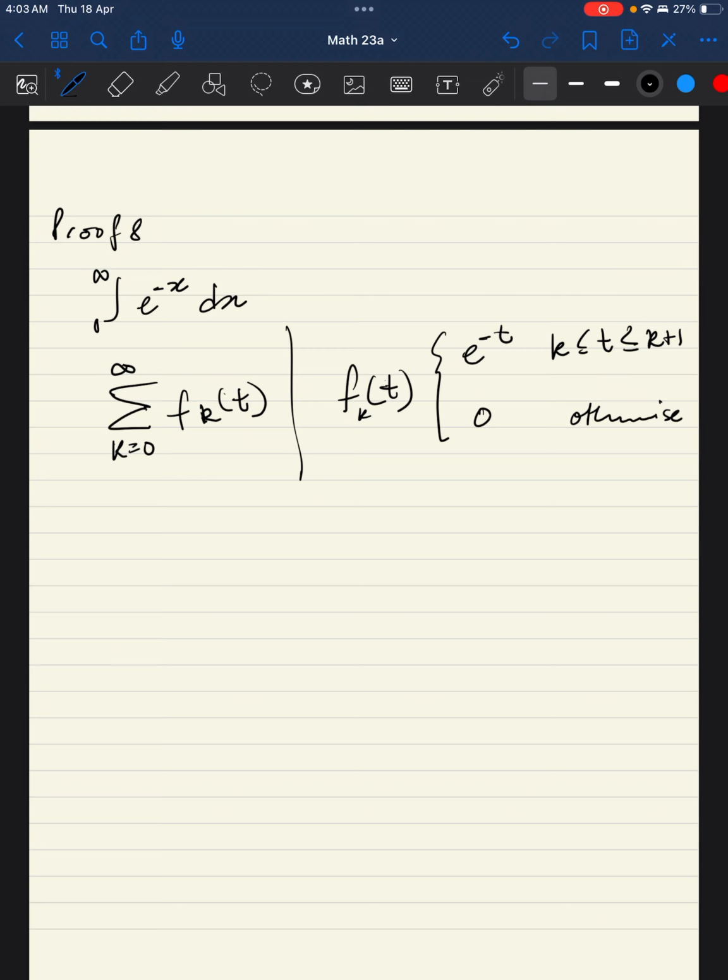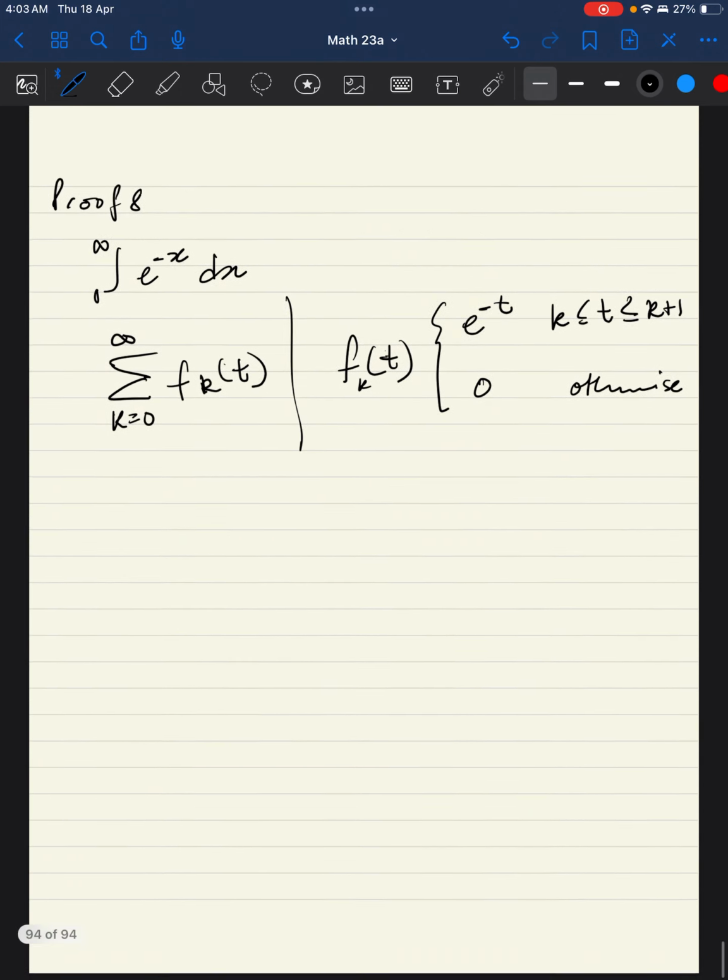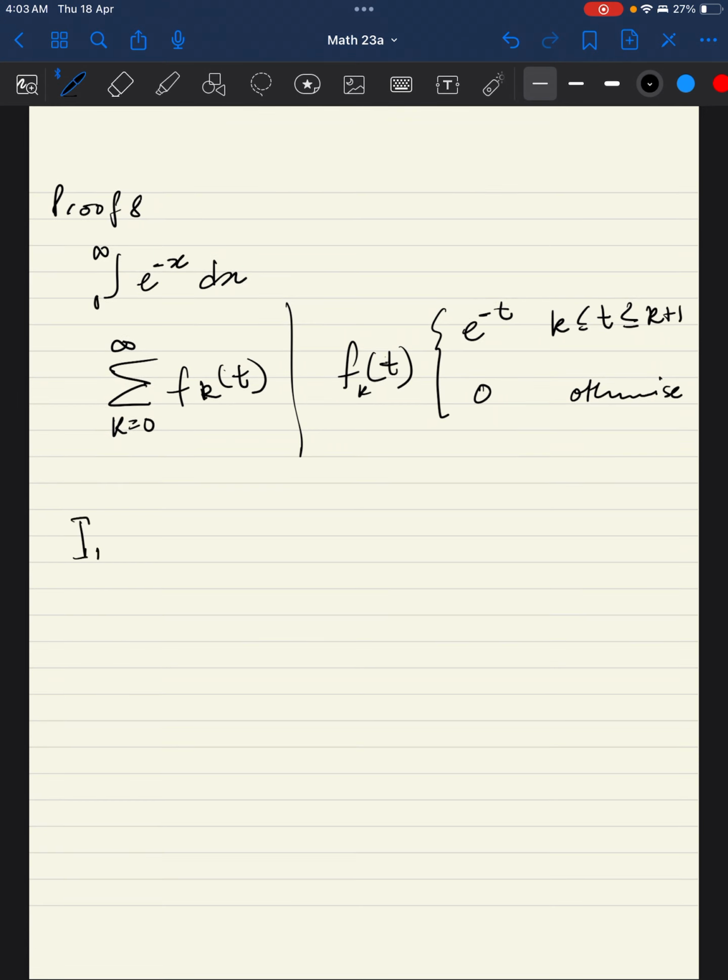Alright, so let's first test for Lebesgue integrability, which means we have to calculate I_k, which is the integral from 0 to infinity of f_k(t) dt, which is the integral from k to k plus 1 of e to the minus t.